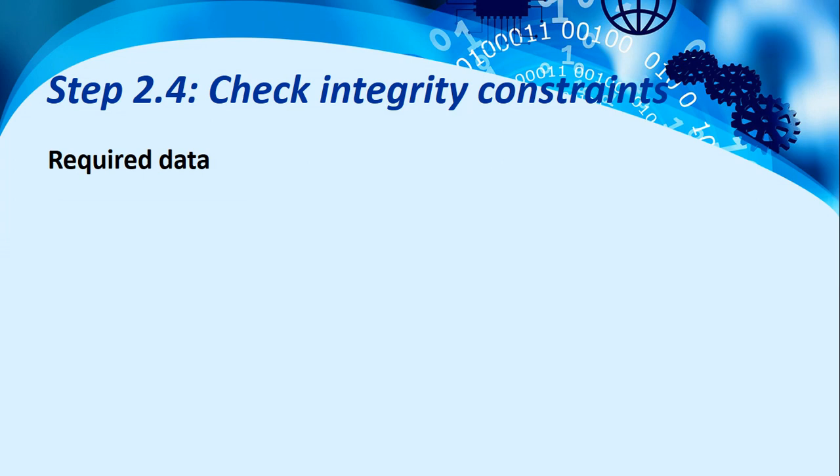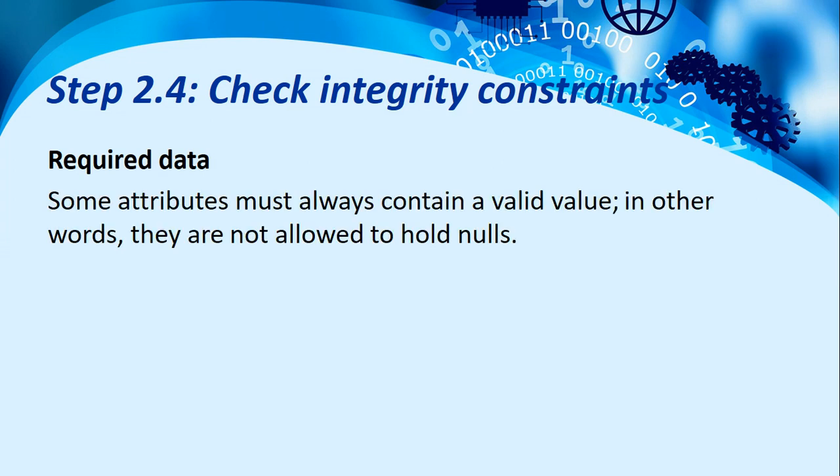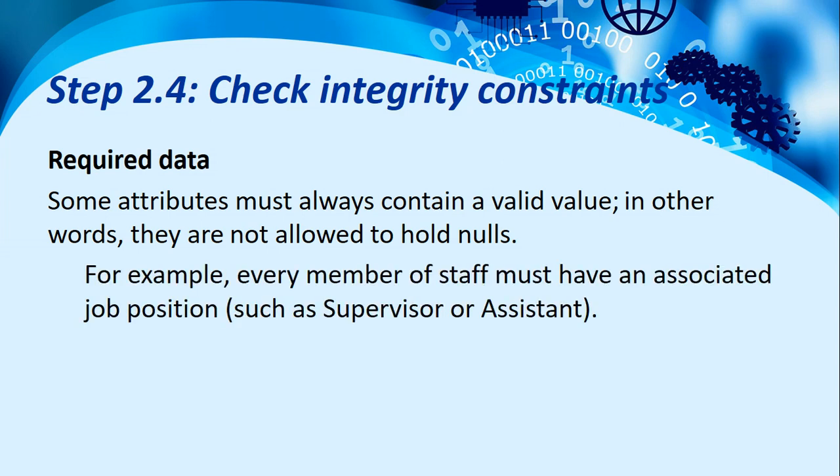When we say required data, some attributes must always contain a valid value. In other words, they are not allowed to hold null. For example, every member of staff must have an associated job position. Let's say the staff entity has a job position attribute. It is not allowed that the staff member, let's say Polano, has a null value for job position.